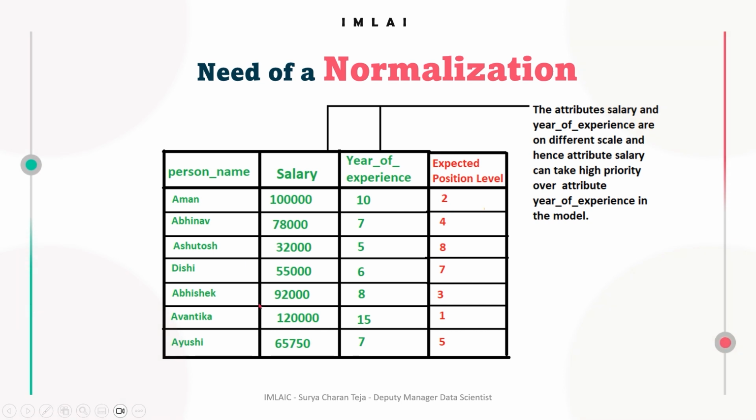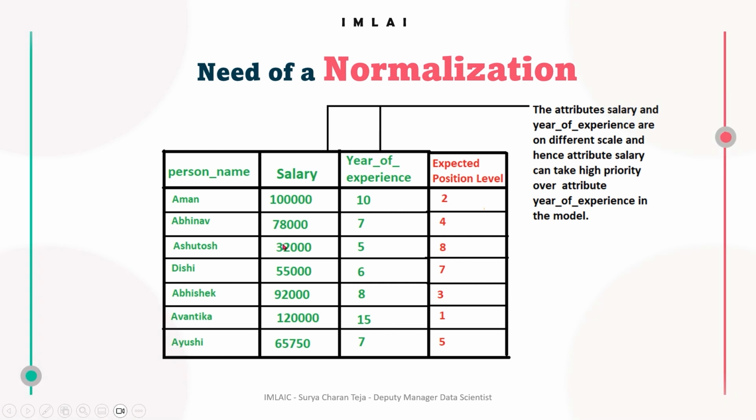Let me show this example. You have years of experience, which is just tens of data. It's tens, that's it. Either single digits or double digits, and even if double digit, the maximum it can go up to is about 25. Here you can see 10, 7, 5, 6, 8, 15, 7. Most of them are single digit and two are double digit. When you see the salaries, they are 5 to 6 digits.